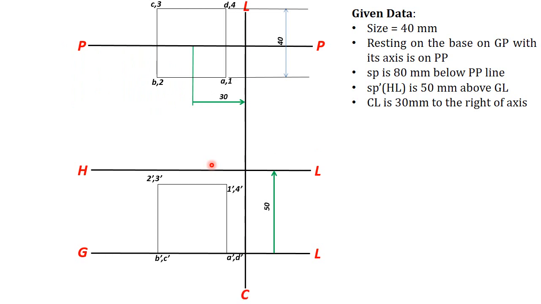To find the station points, first draw the center line, which is 30 mm to the right of the axis of the cube. Then mark the station point top view on the center line, which is 80 mm below the picture plane, and the meeting point of the horizon line and the center line will give you the station point front view.